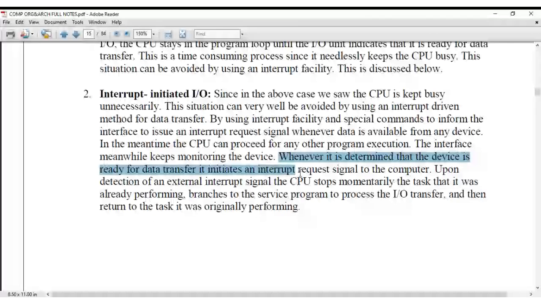Upon detection of an external interrupt signal, the CPU momentarily stops the task it was performing and branches to the service program to process that interrupt, then returns to the task it was originally performing. So that's why I've told you it's an input-output signal that is considered high priority.